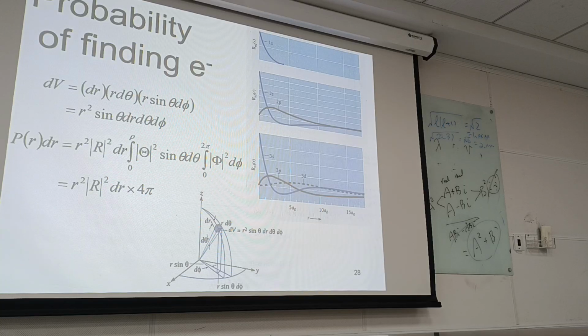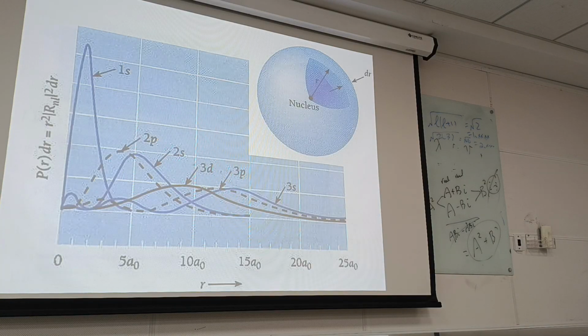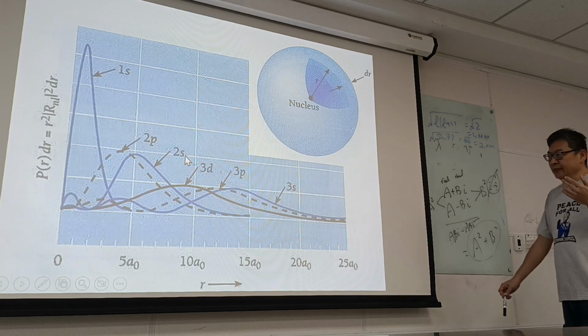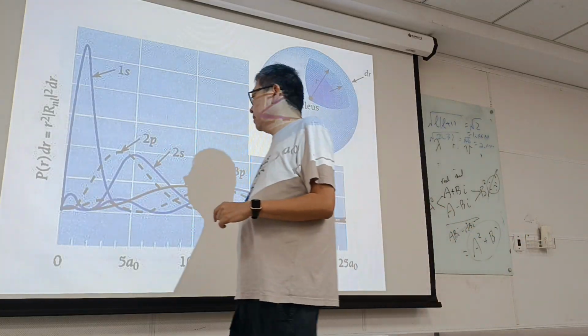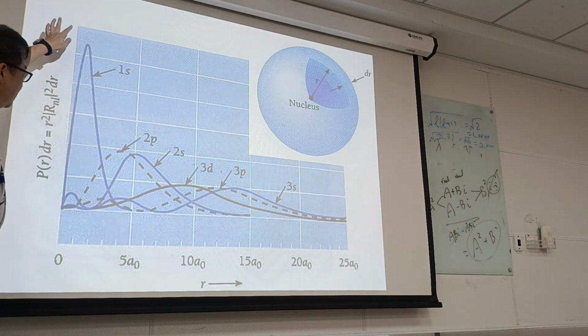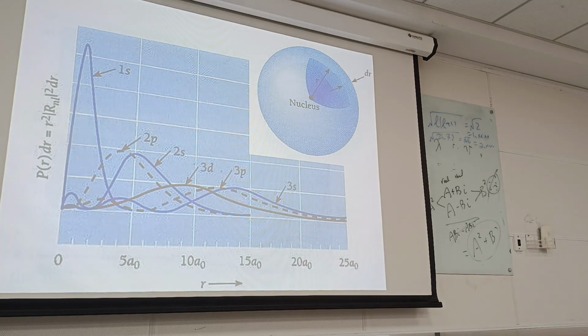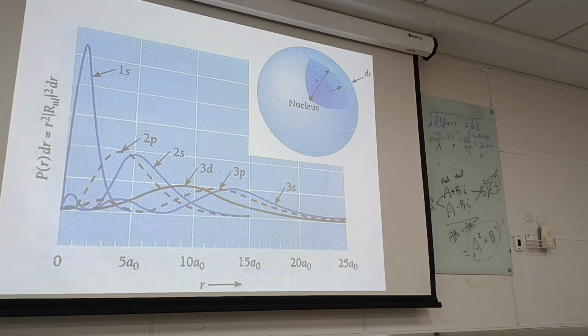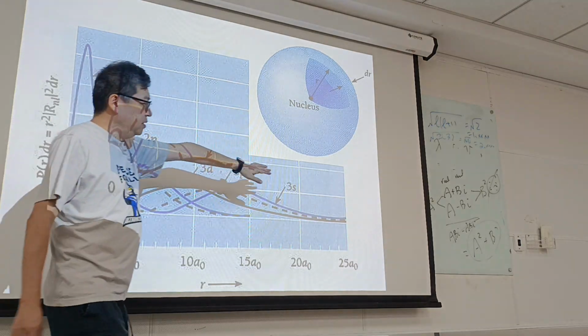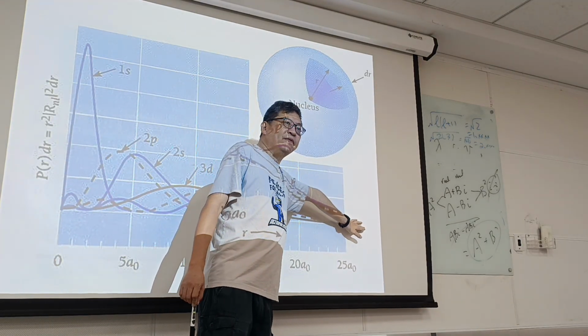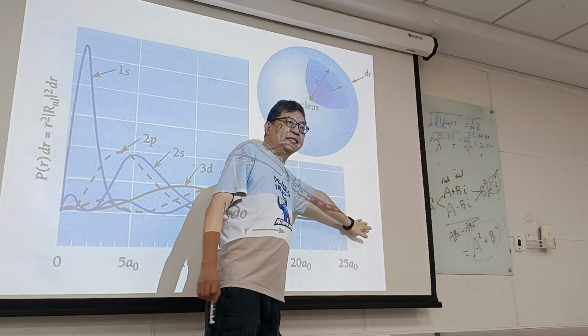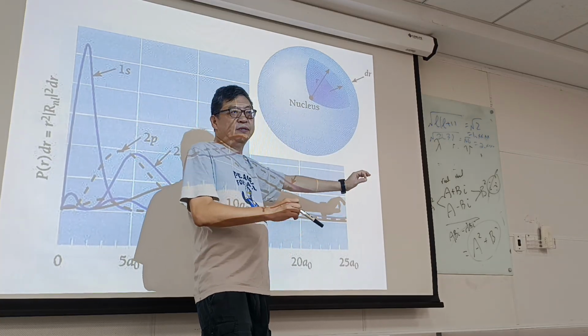So let's try to regenerate this. Before we regenerate, this is the 1s orbital. So a 1s electron can be infinitely far away, but the probability is almost 0.